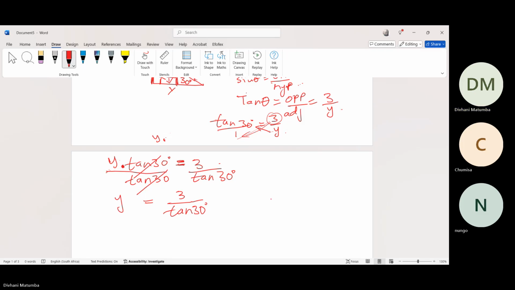Yes, sir. Okay. So using your calculator, what do you get? 3 divided by tan of 30. Should we convert it to 1 or 2 decimal places? 1 decimal place.